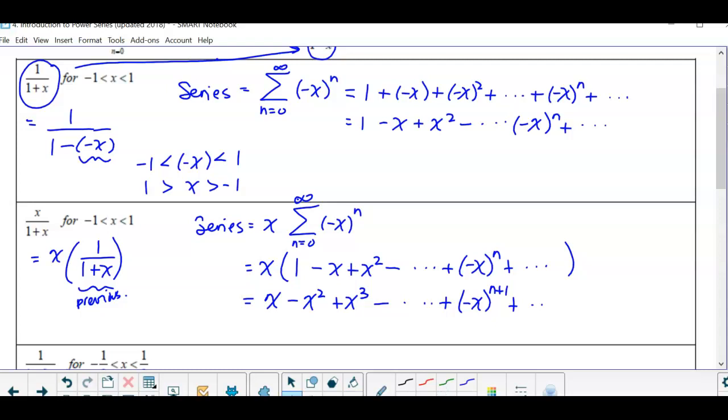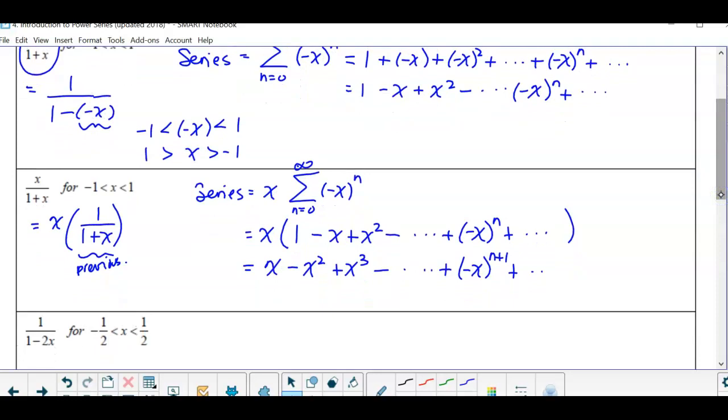Okay, if you want to show this in a simplified summation form, this would equal basically x times (-x) to the n. This here is (-1) to the n times x to the n. So then we can simplify the x's.